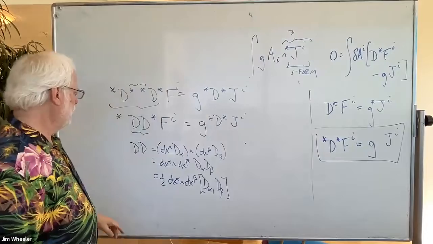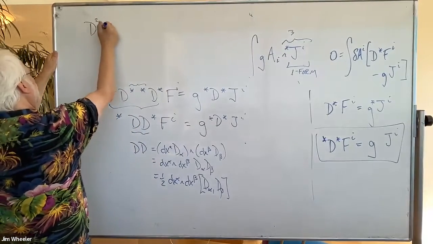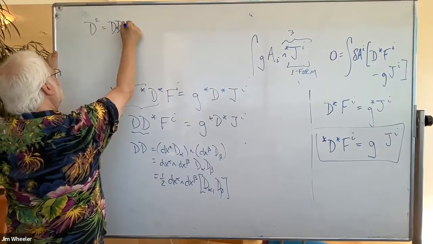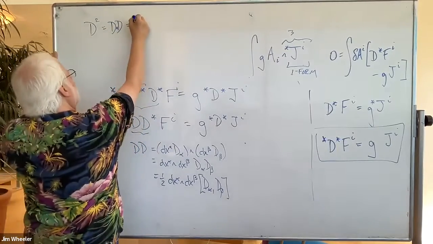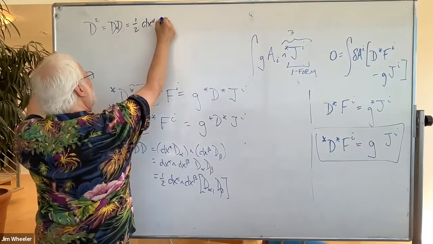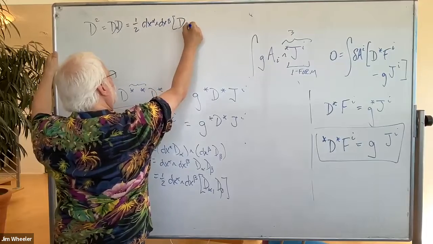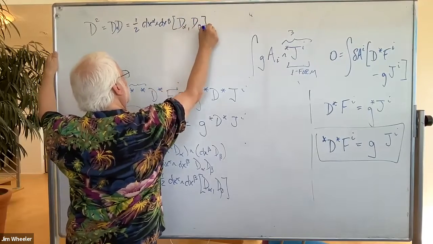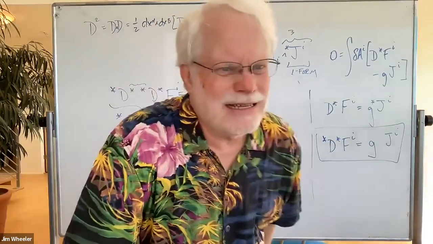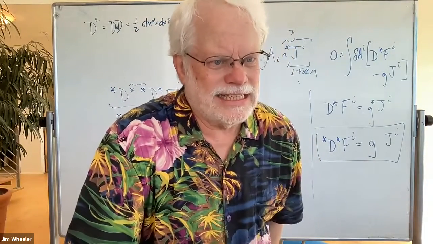So now let's let this D squared operator, by which I mean D wedge D, which I am perfectly correct in saying is 1/2 dx^alpha wedge dx^beta times a couple covariant derivatives, act on, it's actually fine to let it act on anything in sight.